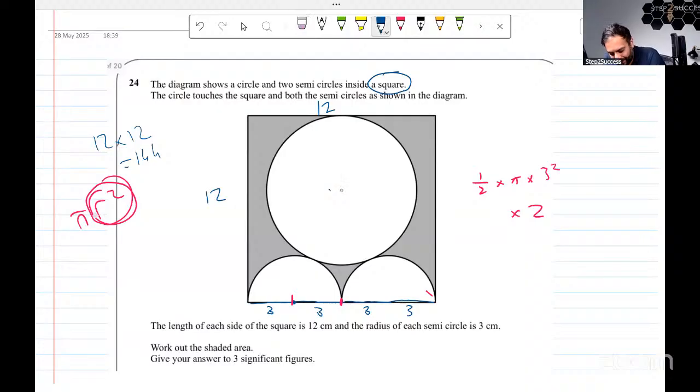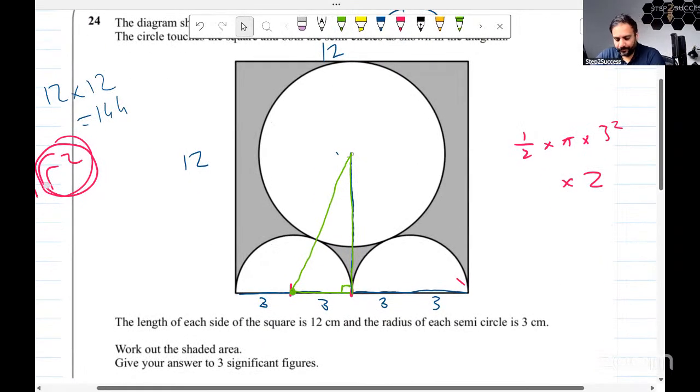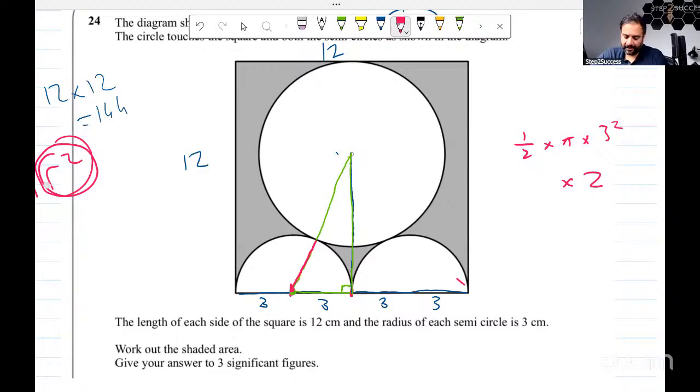Okay, I'm going to draw a line straight down from here to here. Let's do this in green. Then I'm going to draw a line from here to here. Okay. And I'm going to make a right-angled triangle there. Then I know that from here to here is the radius of this semicircle, which we already know is 3.